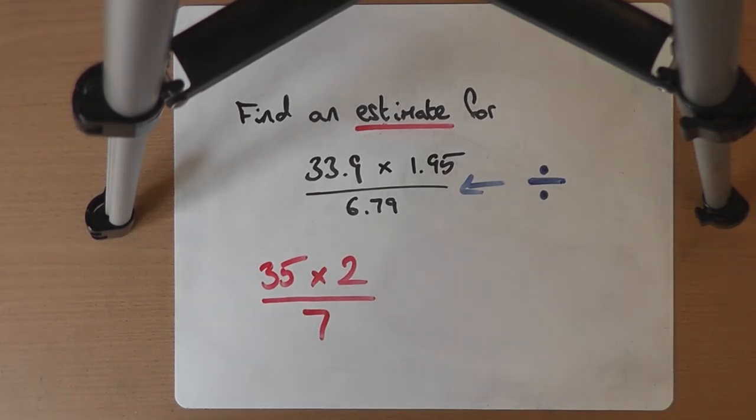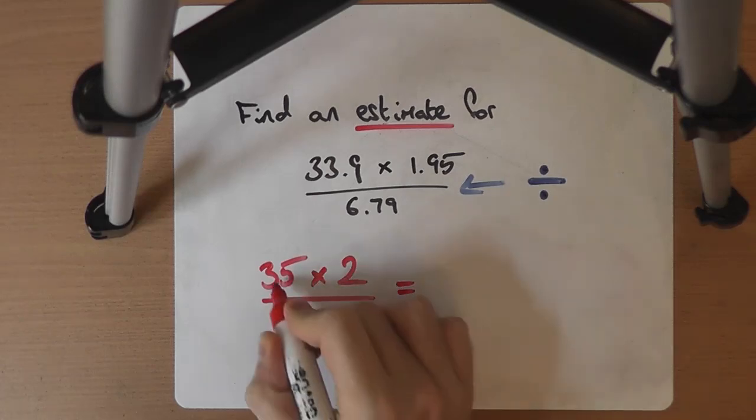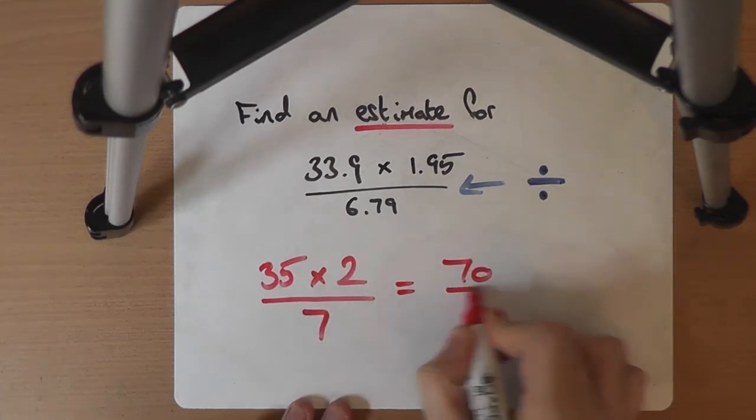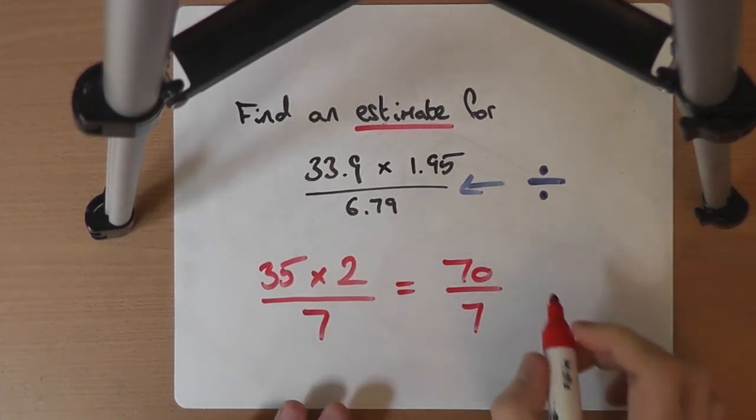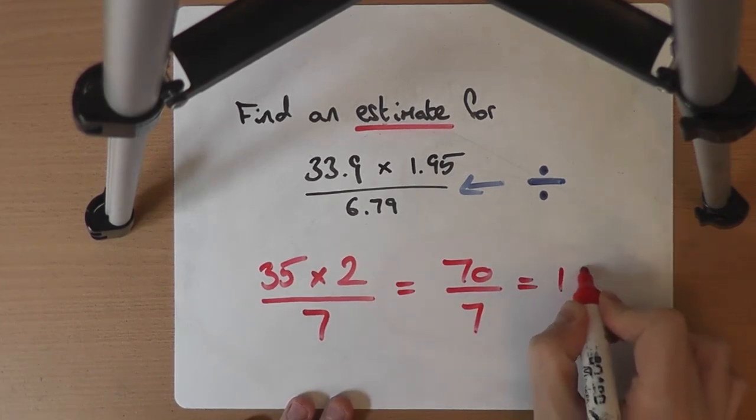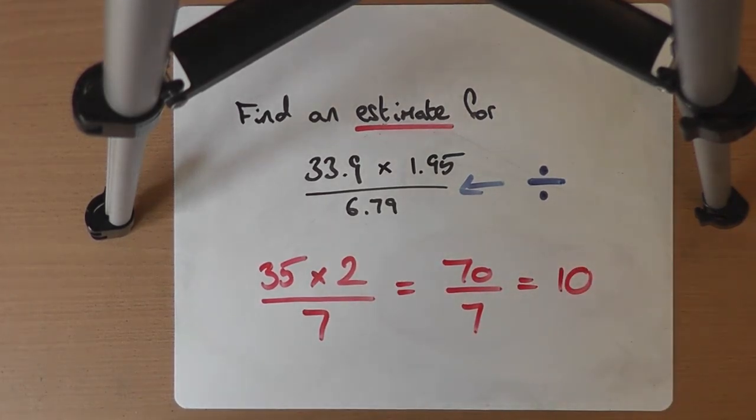It's not like we're rounding it to something that's miles away. But then, 35 times 2 is 70, and we're going to divide that by 7, and 70 divided by 7 is 10. And we are saying that the answer here is roughly 10.